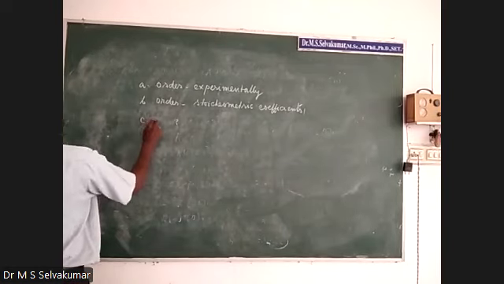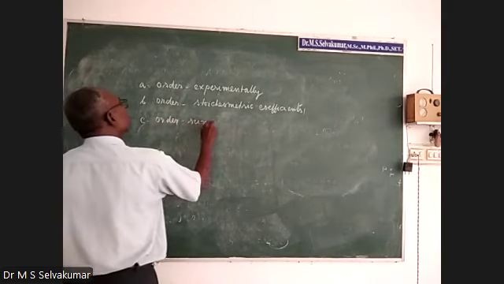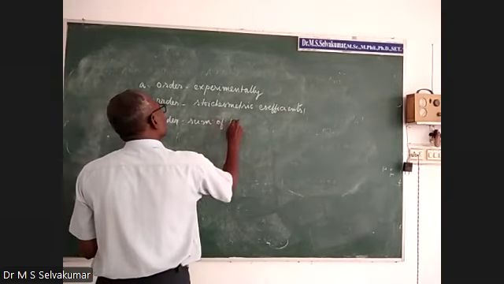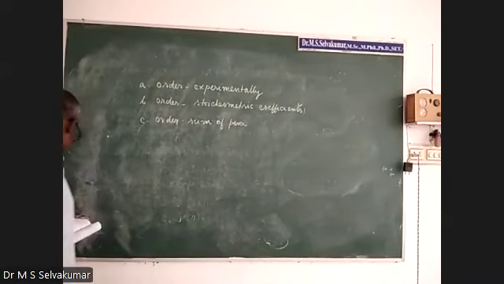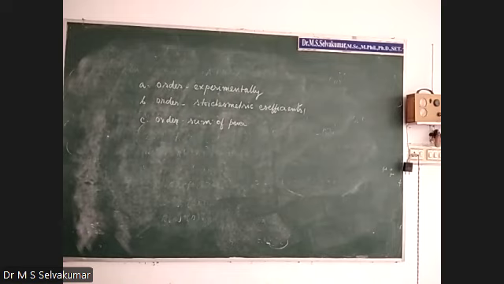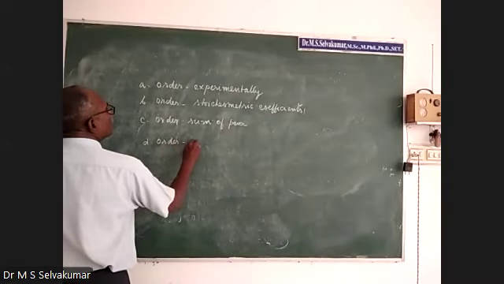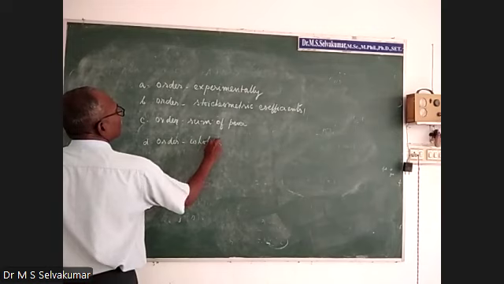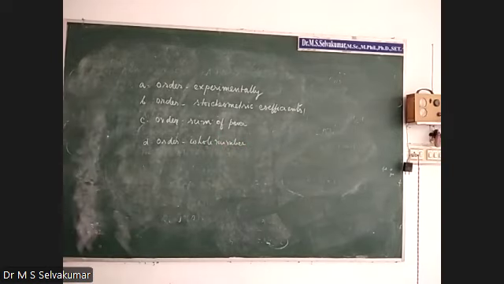Option C, order is the sum of power terms to the concentration of the reactants expressed in the rate expression. Option D, order is always a whole number. This is a statement problem.